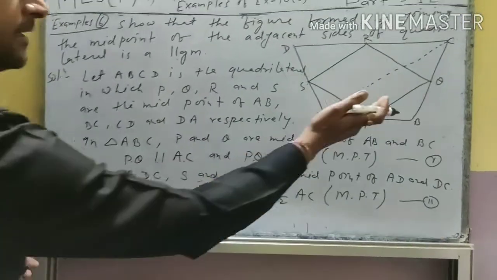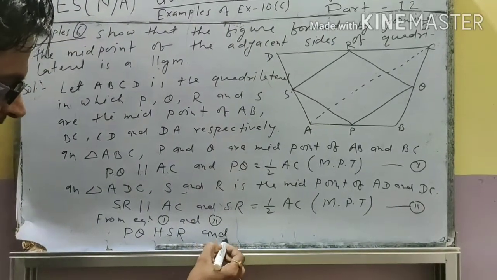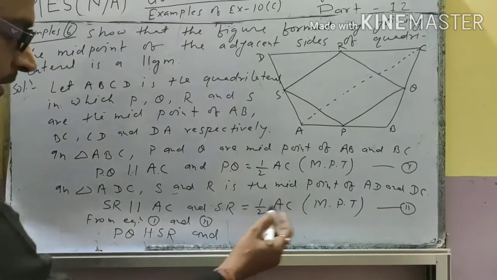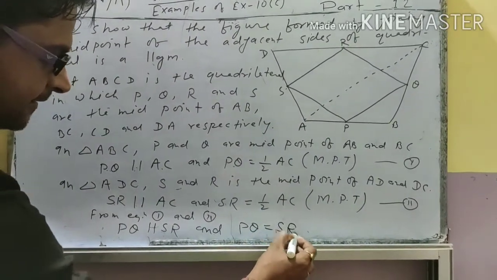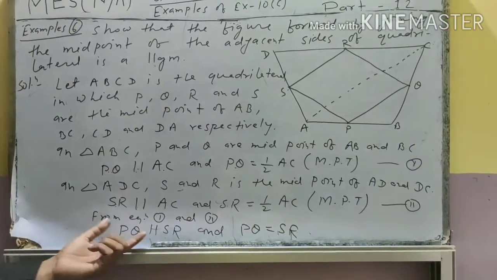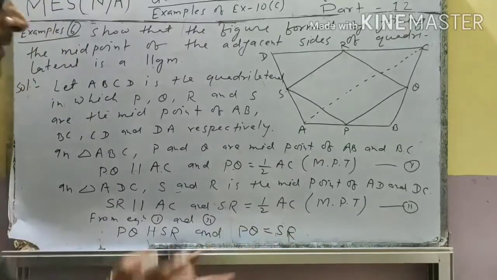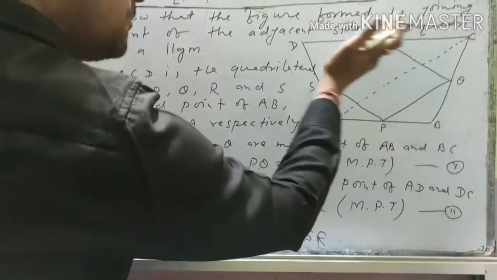Take the second case: PQ is equal to half AC and SR is equal to half AC. So here PQ is equal to SR. We have two results: PQ is parallel to SR and PQ is equal to SR. So this line is parallel to this line and this line is equal to this line.